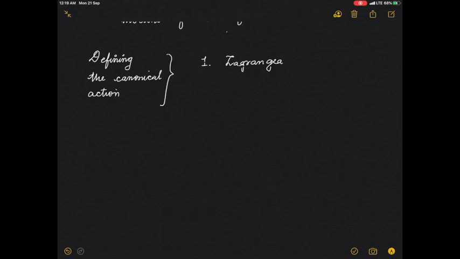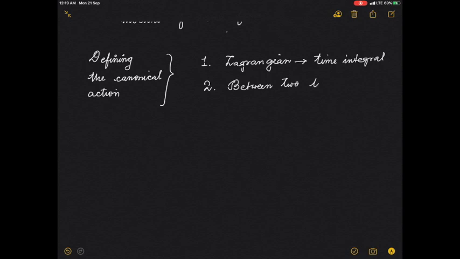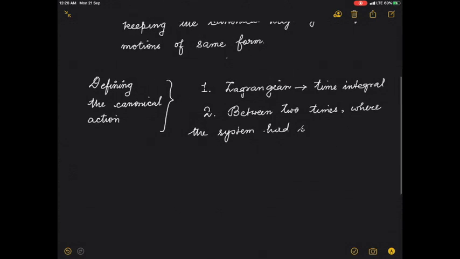For this I need a Lagrangian. I do it between two times, and we take the time integral of the Lagrangian, where the system had some configurations.